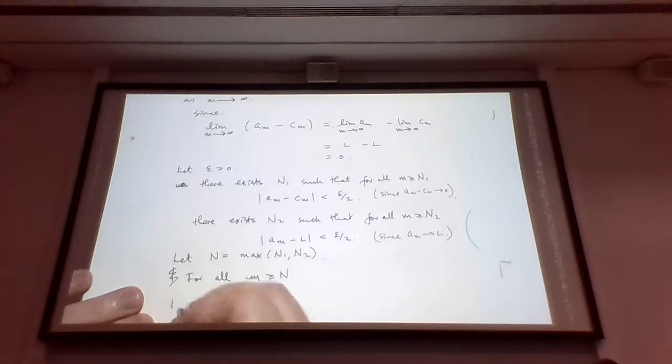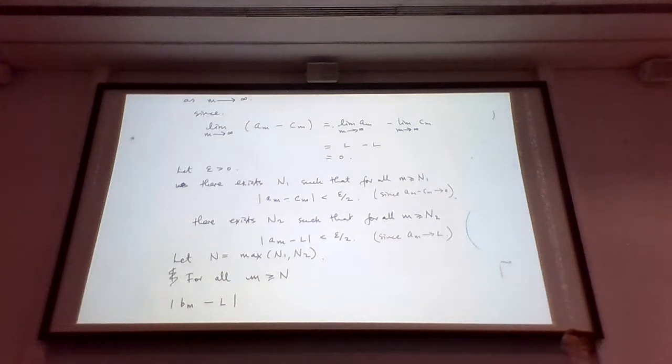And this is going to help me deal with the distance from Bn. This distance, Bn minus L, is the distance I want to show is small, less than epsilon. Because if I do that for every epsilon, then this will show that Bn is convergent to L, which is the conclusion we're trying to get.